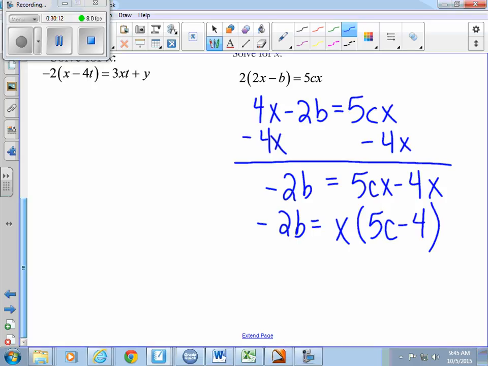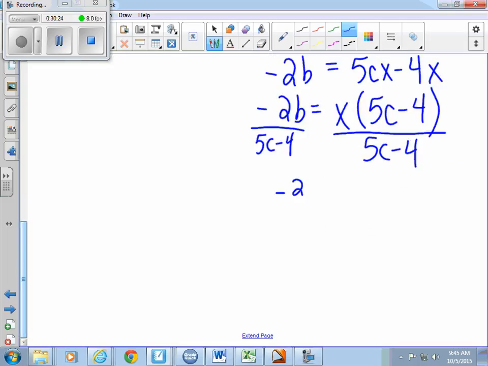Putting it by itself. So what's with the x? The 5c minus 4, so that's what I'm going to divide by. Any questions about that?